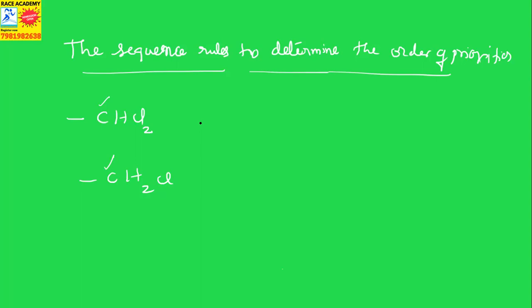The one with more substituents takes priority. So here, which has more substituents? Two chlorine substituents are there in the first case. Here we have only one chlorine substituent.